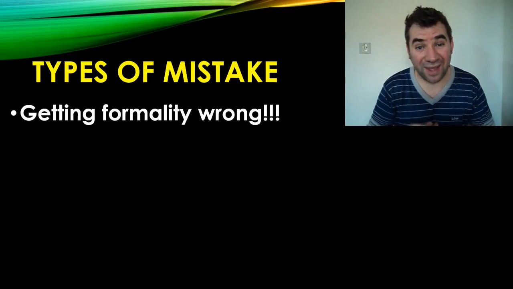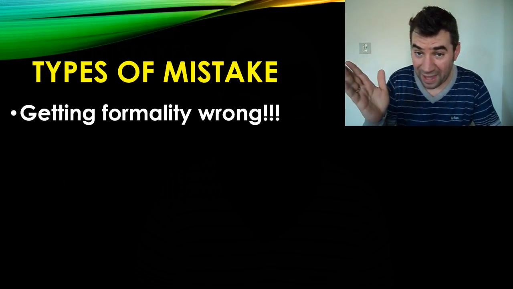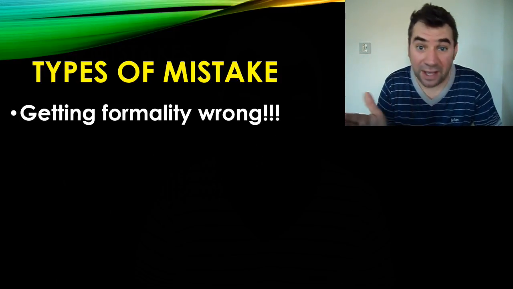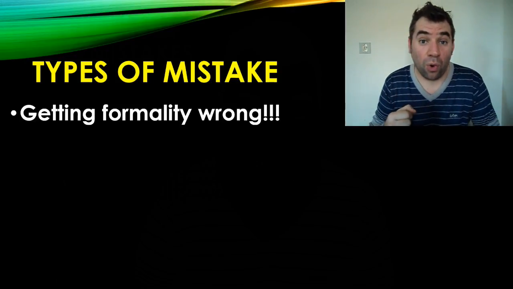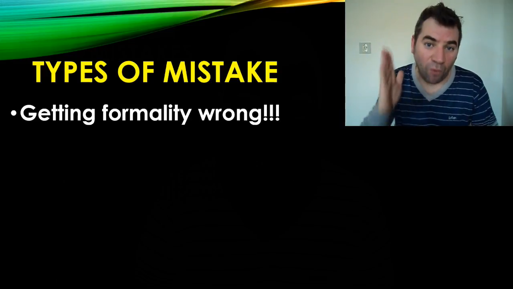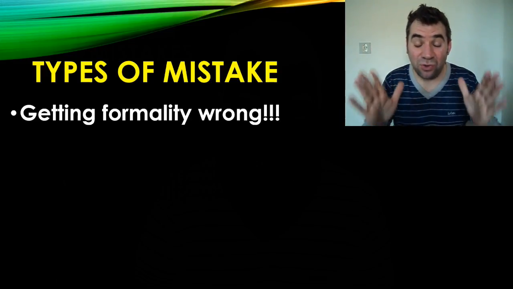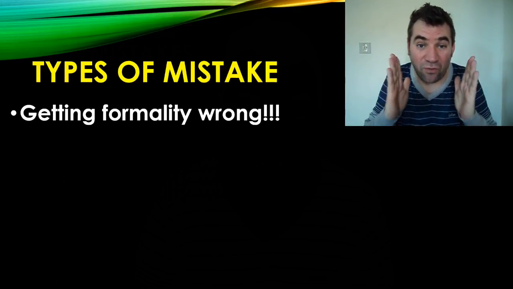Whereas if you're asked to write a formal letter to a newspaper, like a letter of complaint or a letter of opinion or perhaps an essay, these are formal compositions, and you need to get your formality right.